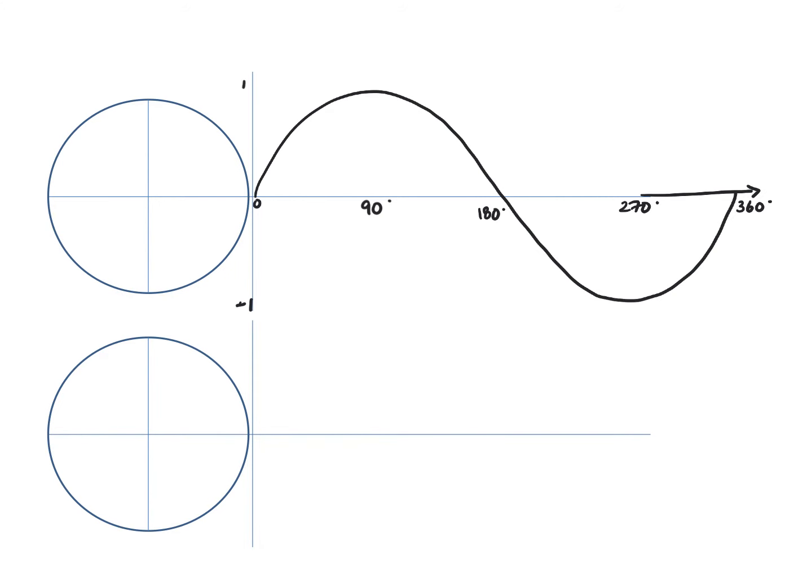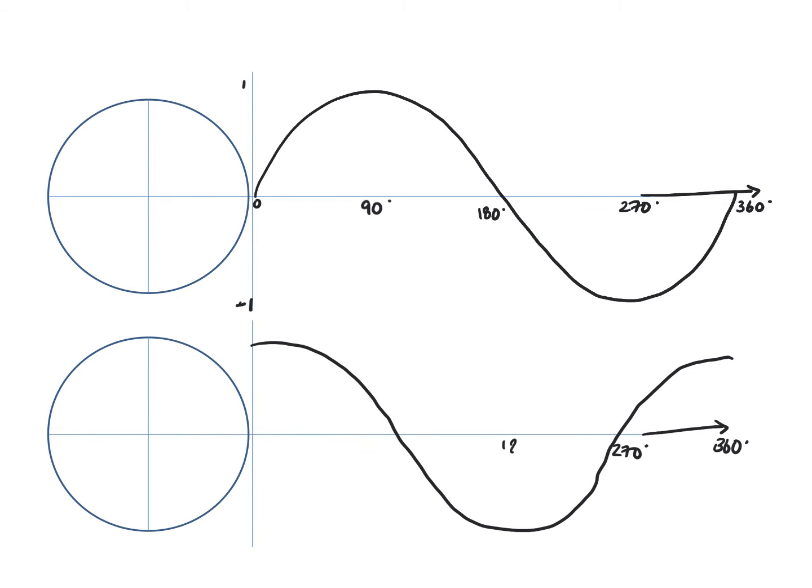And then for the cos graph, cos cuts the sine graph, and we know this is a translation of the sine graph. 360 degrees, 270 degrees, 180 degrees, 90 degrees, and 0, maximum 1, minimum -1.